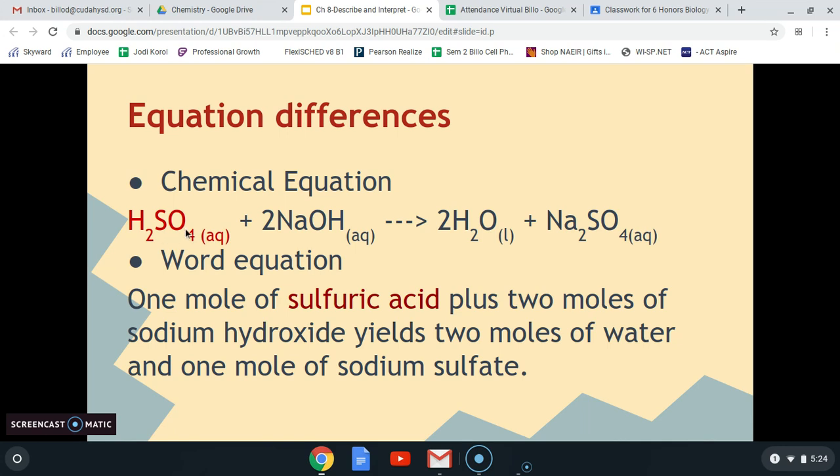Note that this is not hydrogen sulfate because of the AQ. This is a hydrogen compound, meaning it is an acid. It gets a different name. So basically, all you're doing is going through and naming this compound and this compound, and note that these are going to react to form this compound and this compound. So you're simply going to be giving the names.